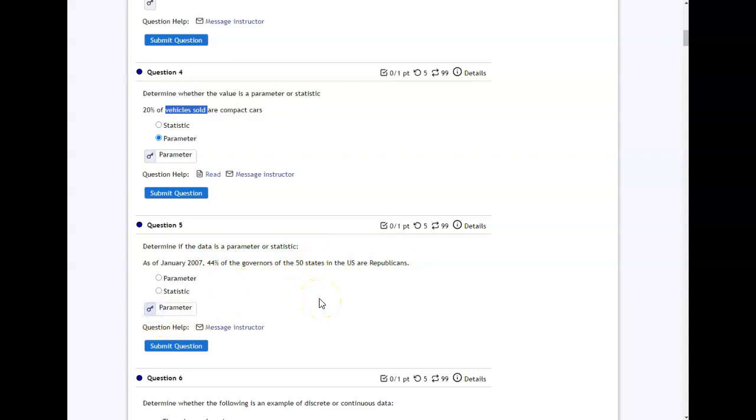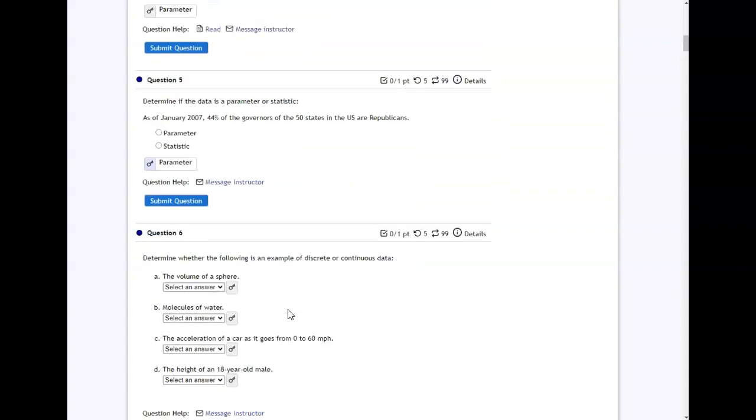Again, that's talking about all the governors in the 50 states, so that's also a parameter. Now you might want to go through here when you're practicing and do similar questions because it's going to generate different examples. So like I got both parameters here. If you do a similar question, you're going to get different options. Some of them will be statistic and some of them will be parameter.